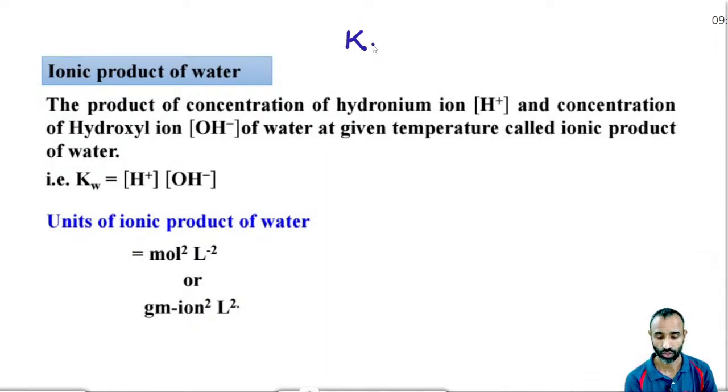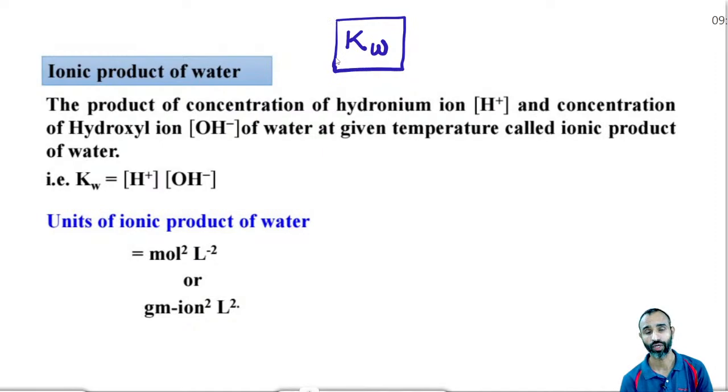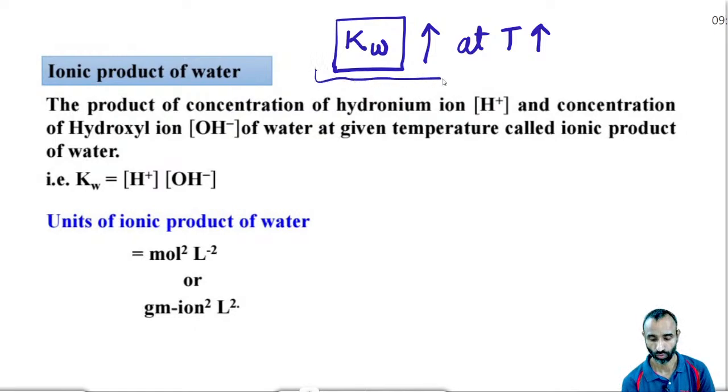What is the effect of temperature on Kw? What is the effect of temperature on the ionic product of water? Is there any effect? Yes, Kw increases as temperature increases because there is more ionization of water.